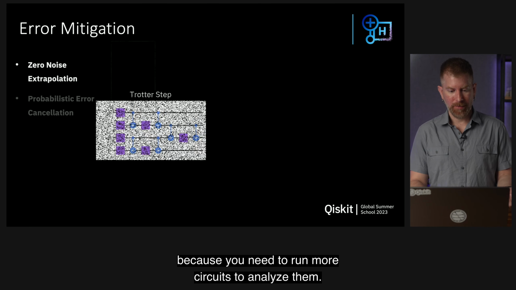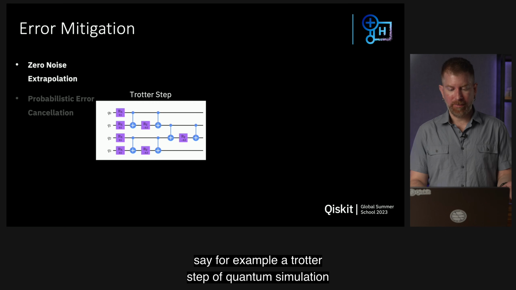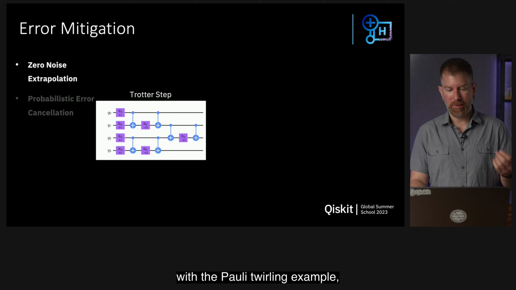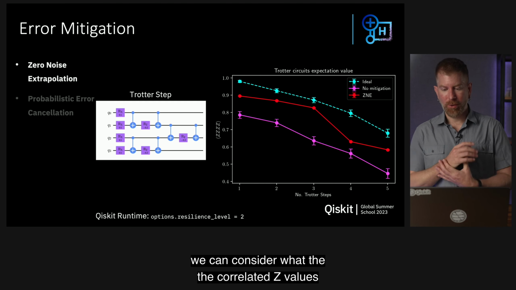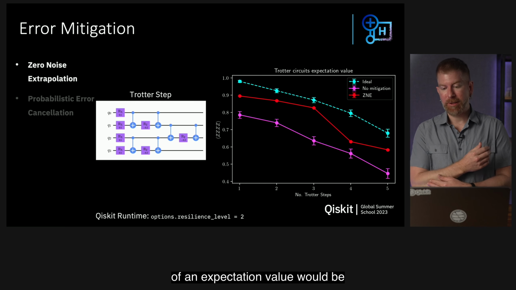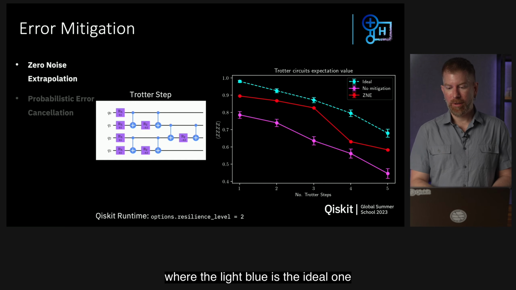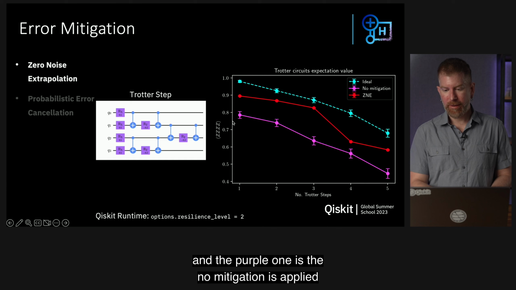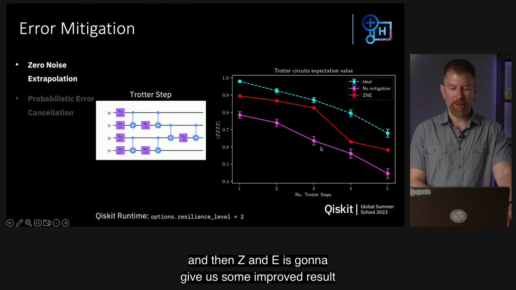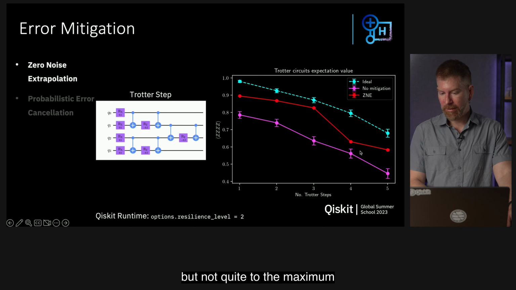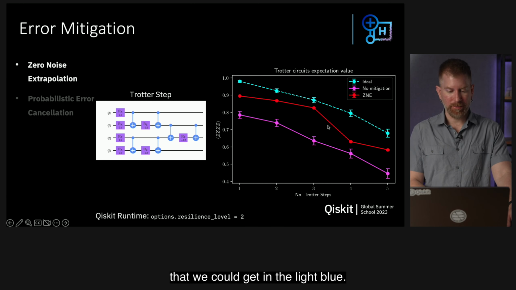So if we're looking at, for example, a Trotter step of quantum simulation, similar to my colleague Youngsuk with the Pauli twirling example, we can consider what the correlated Z values of an expectation value would be, where the light blue is the ideal one and the purple one is where no mitigation is applied. And then ZNE is going to give us some improved result, but not quite to the maximum that we could get in the light blue.